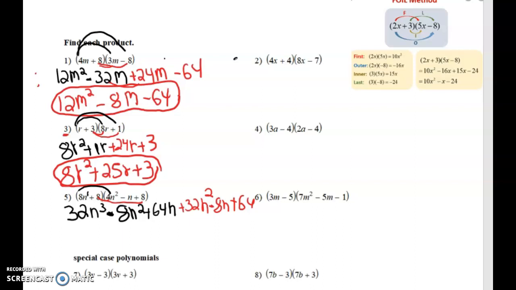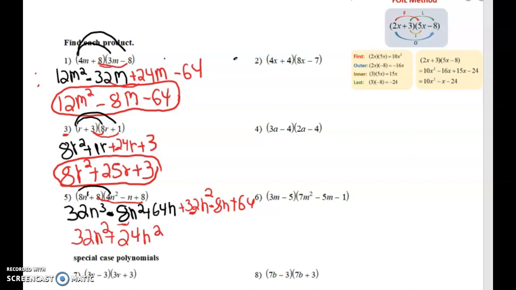All right, let's go ahead and do it. Combine the like terms now. So I got a 32n cubed. Okay, got a negative 8n squared. Positive 32n squared. So that's going to give me a positive 24n squared.